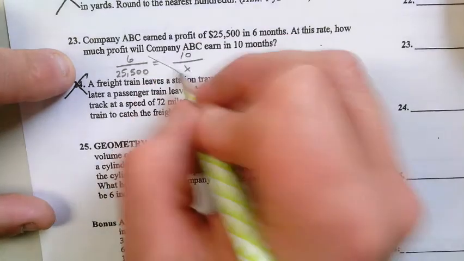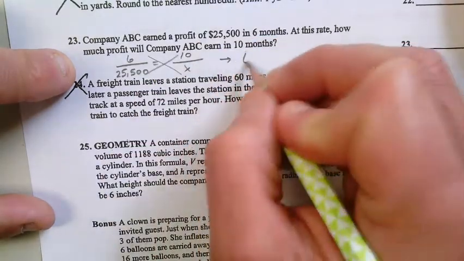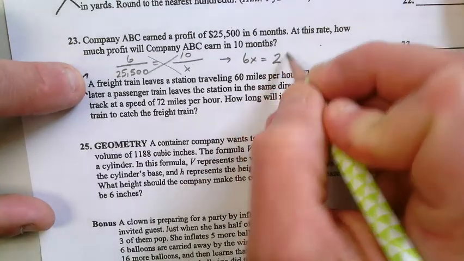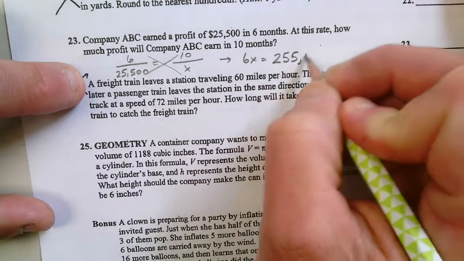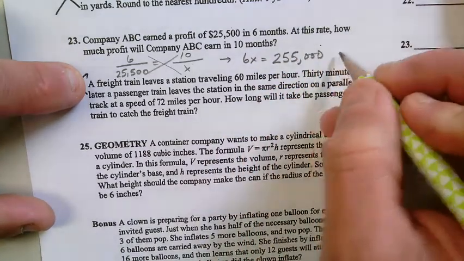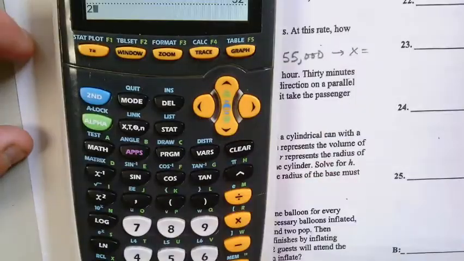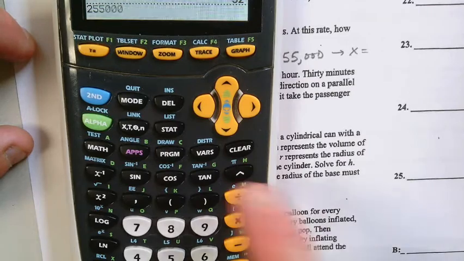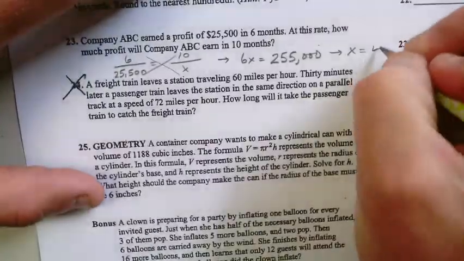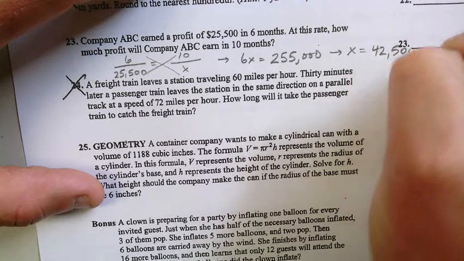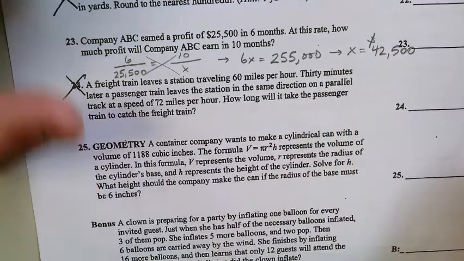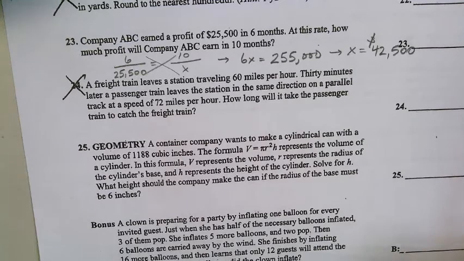So if I cross multiply, you get 6x is equal to 255,000. And if I divide through by 6, what would that be? 255,000 divided by 6, 42,500. Okay, so we have that right there.